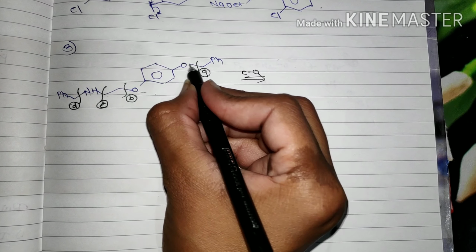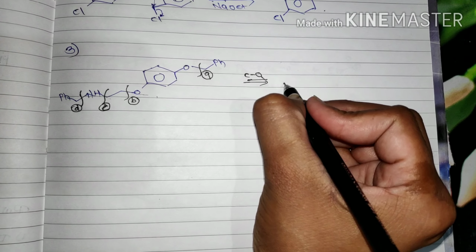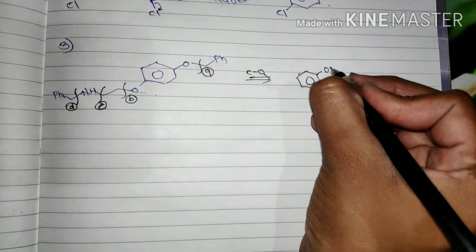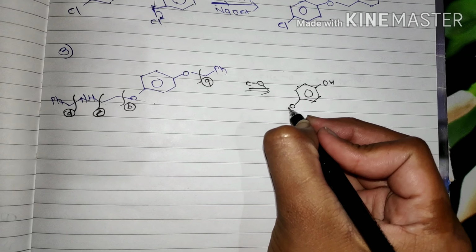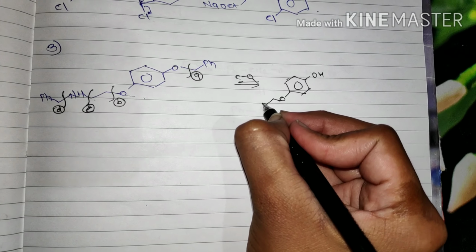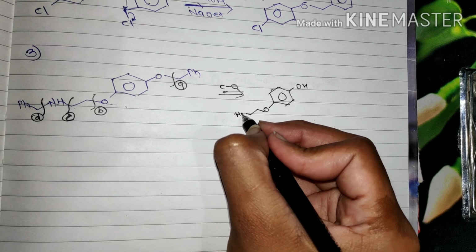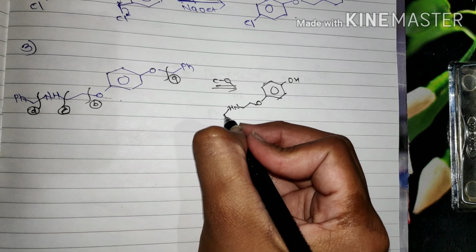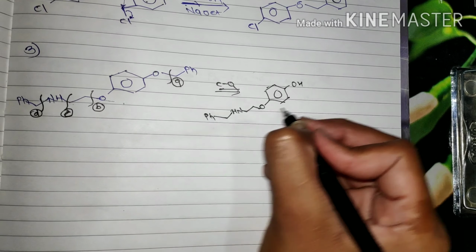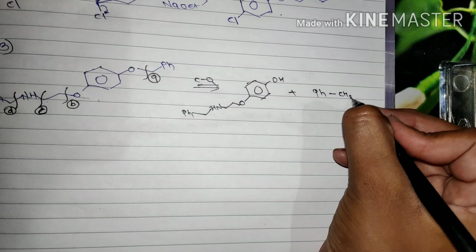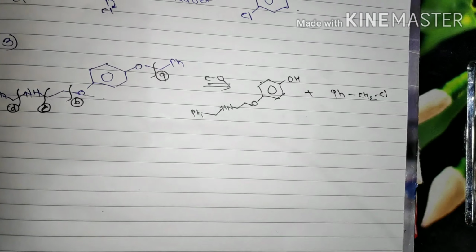This is the carbon oxygen bond, so we use phenol OH, oxygen. Another is NH or PhCH2Cl.